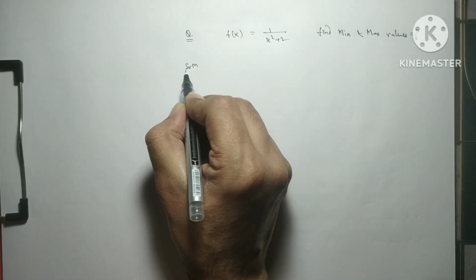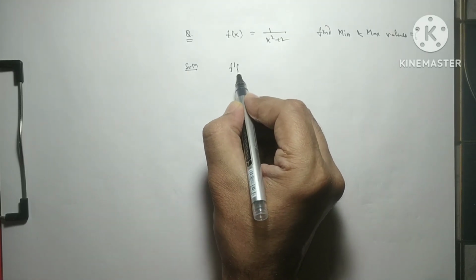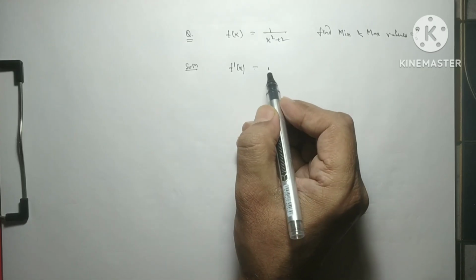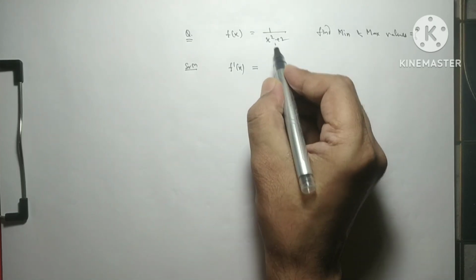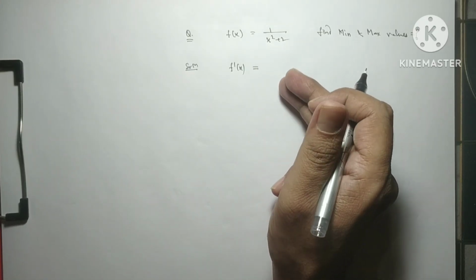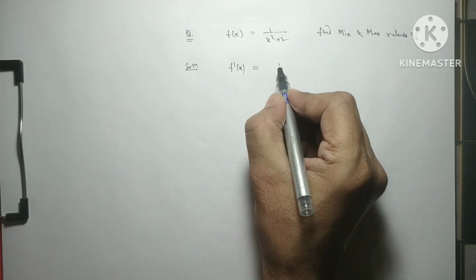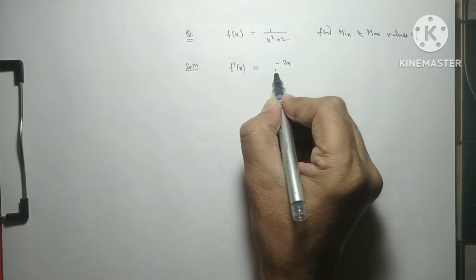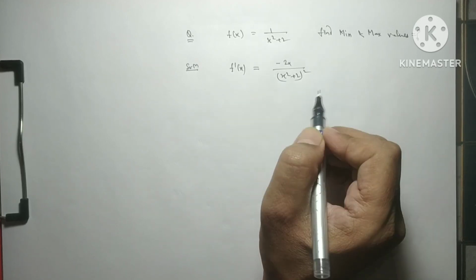So we have this function. Now differentiate it. On differentiation of this function using the quotient rule, or you can say the power formula, we get minus 2x over x square plus 2 whole square.